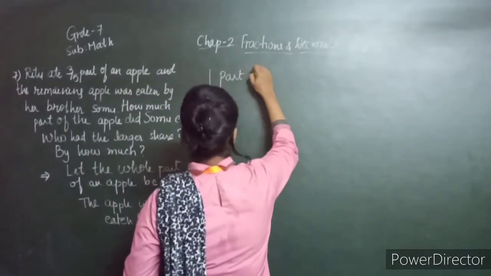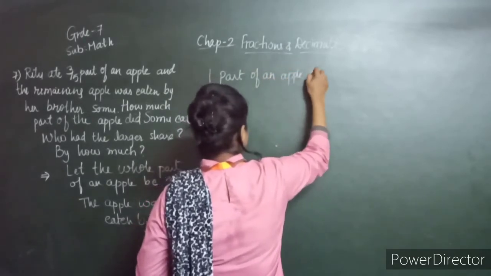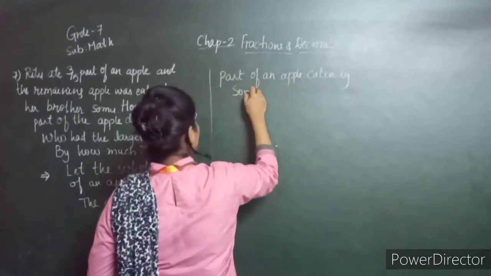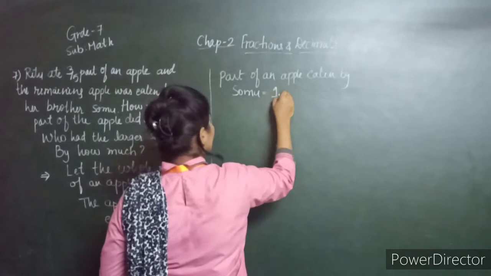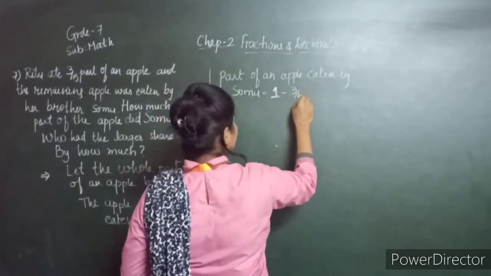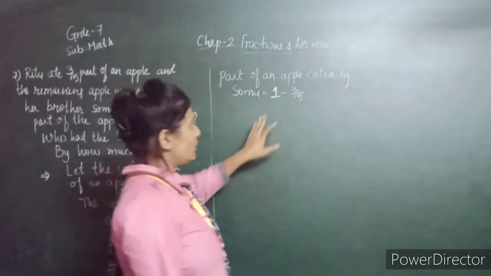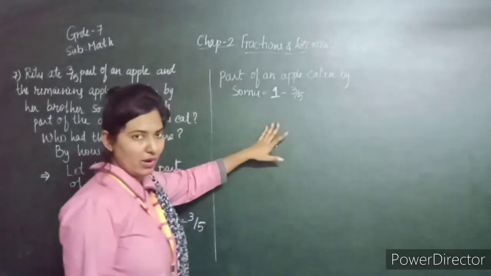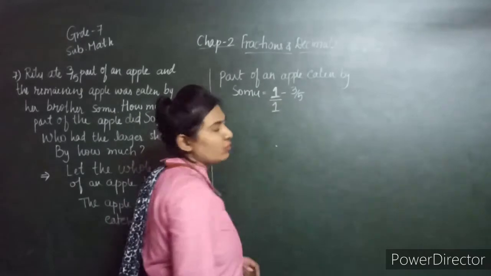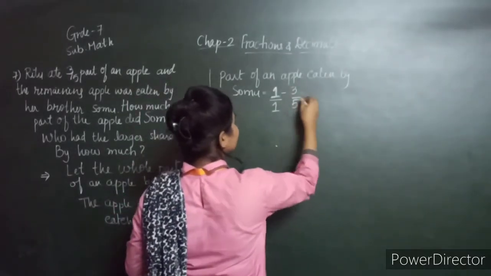So part of an apple eaten by Somu is equal to, so we have to subtract the part of an apple eaten by Ritu from 1. So here we have to write 1. So now take out the LCM of 1 and 5.